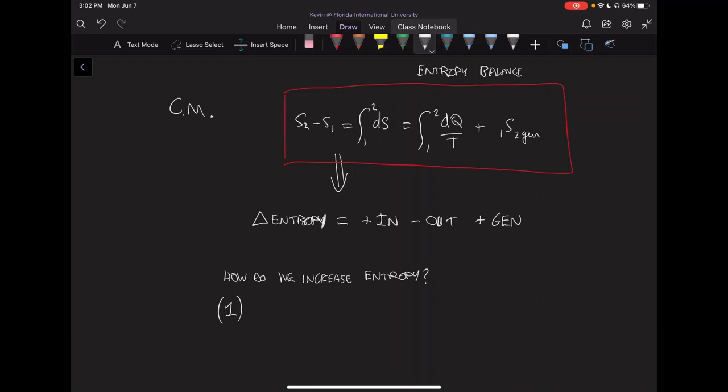We either have an increase in entropy by transferring heat to the system. We see that we can increase our entropy if we make this term bigger. If we make the plus in bigger, we're going to have a bigger change in entropy. We're going to change the entropy in the system by bringing more heat into the system.